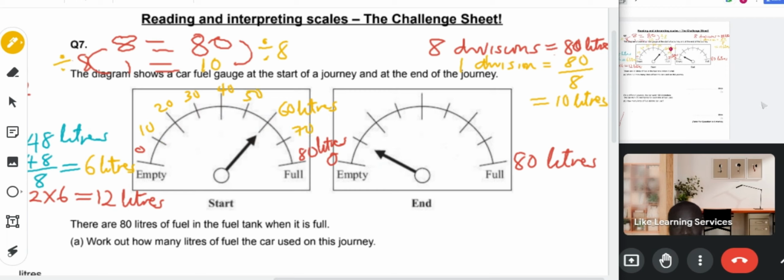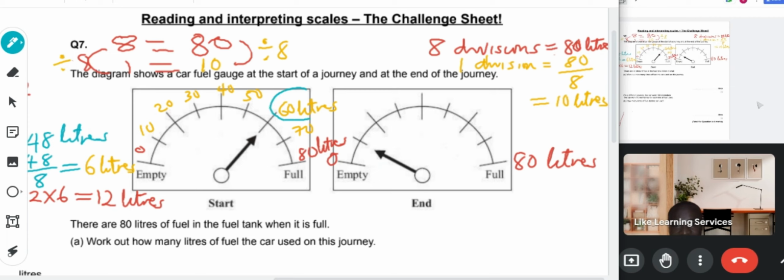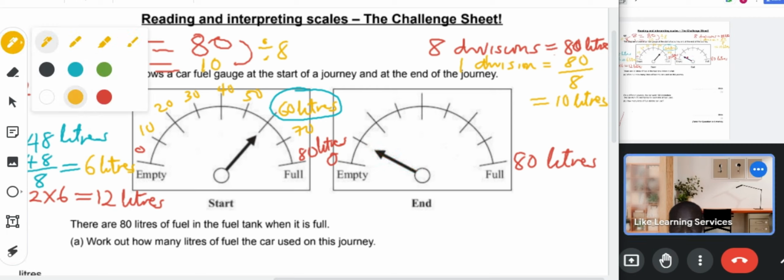When it started, it was 60. At the end, this is where it is, so it is 10.